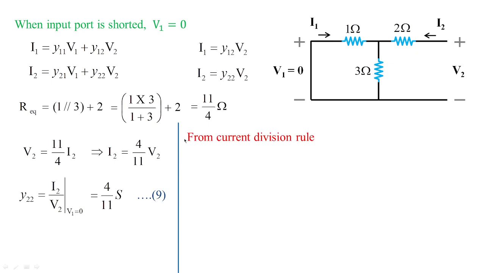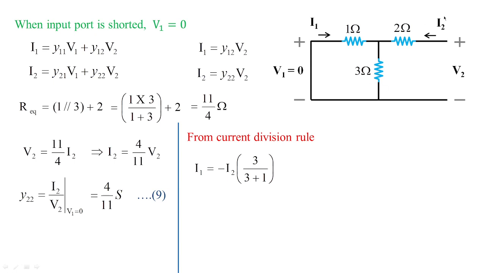And now from the current division rule, let me obtain I1 in terms of I2. So here you can see I2 is in opposition to I1. In fact, the I1 current is dependent upon the I2 current. So I1 is equal to minus, because of the opposition, I2. Now for this branch, that is 1 ohm, the opposite resistance is 3.